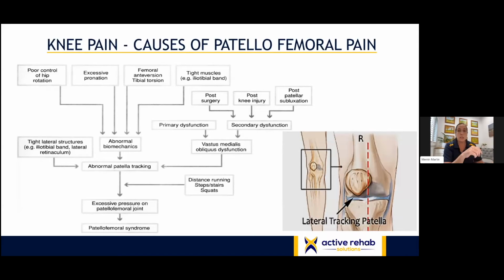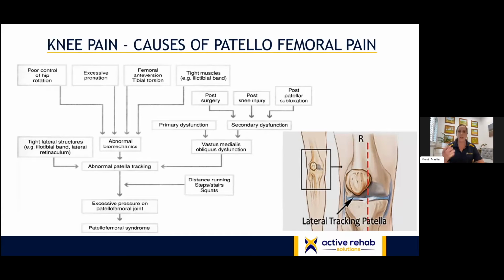The next cause is excessive pronation. If you see somebody with their ankle rolling in when they're doing single leg work, stairs, lunges, anything where you've got one-legged work and you see that ankle wanting to roll in, that's what pronation is.